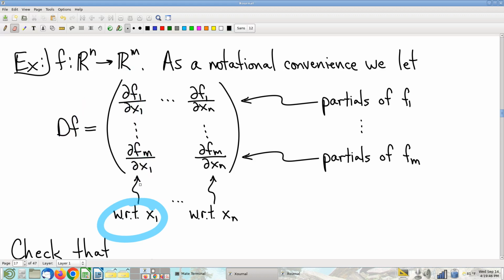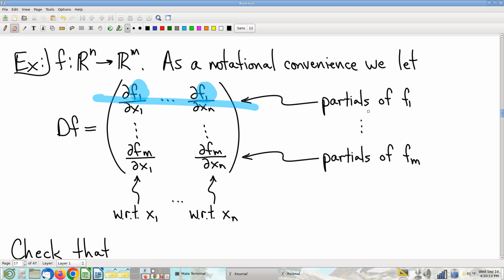So the way I like to say it is the columns correspond to input variables. And then you'll also notice that the rows, take this first row, we're taking all of the various partials of F1. The rows correspond to output coordinates, or output variables, you might call them.